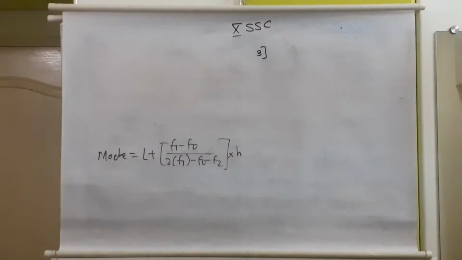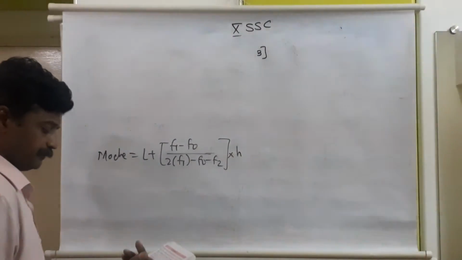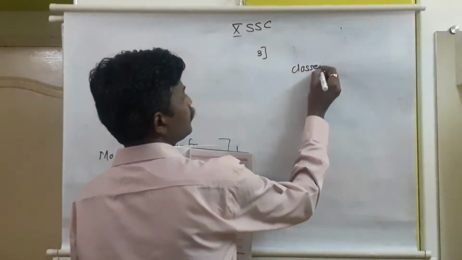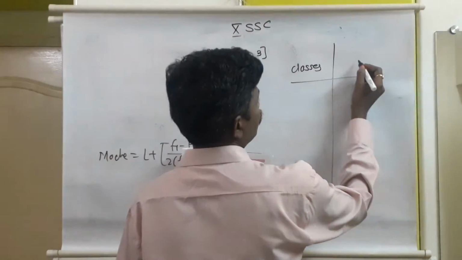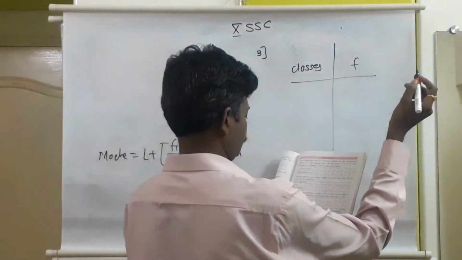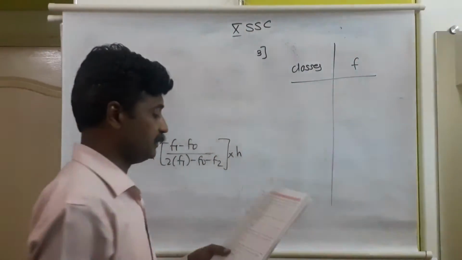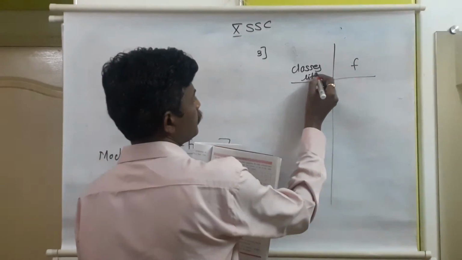Find the mode of the supply of milk. Here the information is about milk in liters and how many hotels it is provided to. In the first column come the classes, and in the second column the frequency. So frequency is the number of hotels, and in classes, milk in liters.